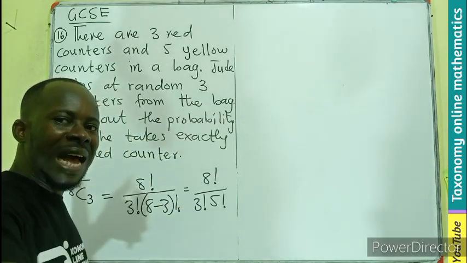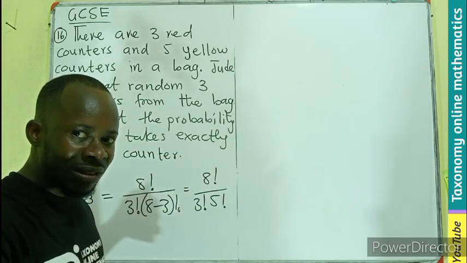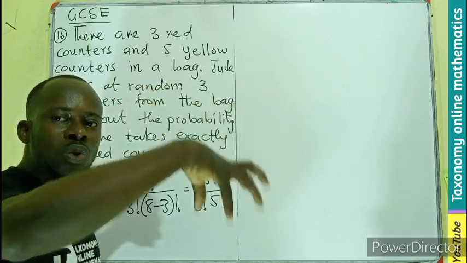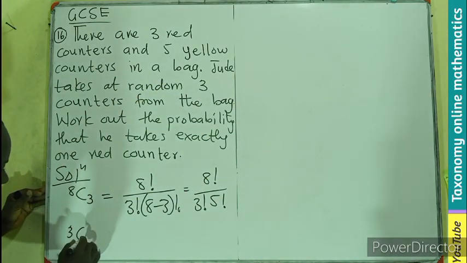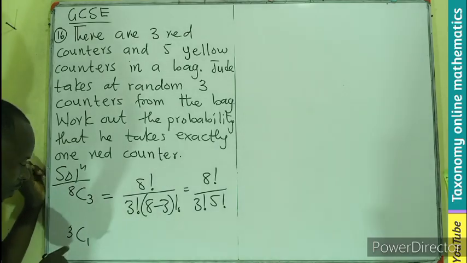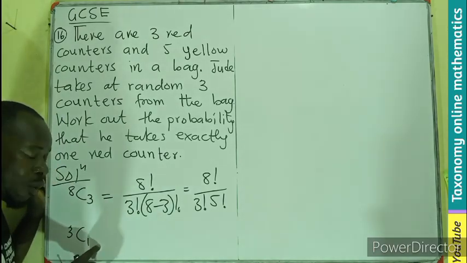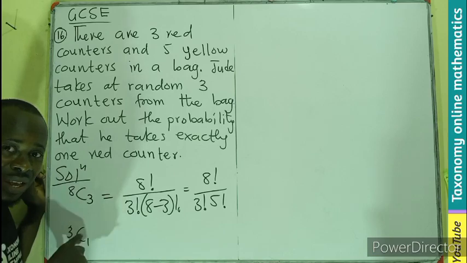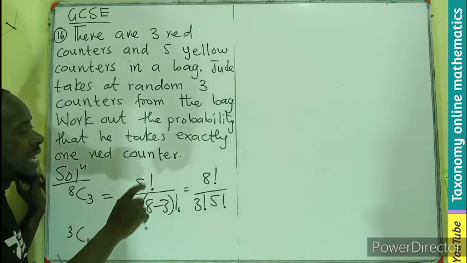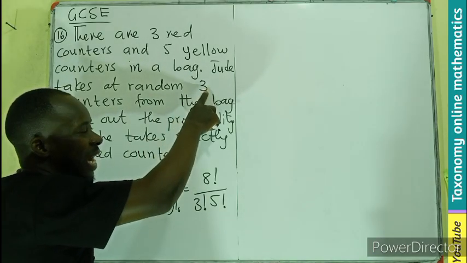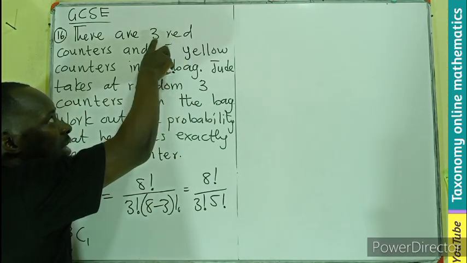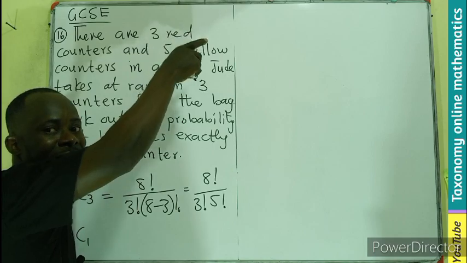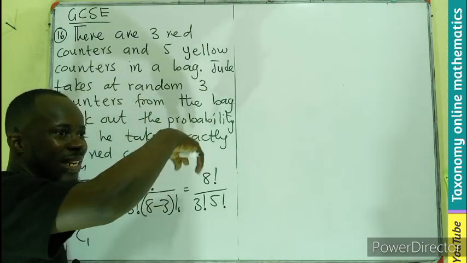So if I pick 1 out of the 3, I am picking it from the total of 3. So I will have 3 combination 1, meaning from the pool of 3, I am picking only 1. And if I am picking only 1, it means that I will be left with 2. The other 3 is not from here; this 3 is representing the total in red.